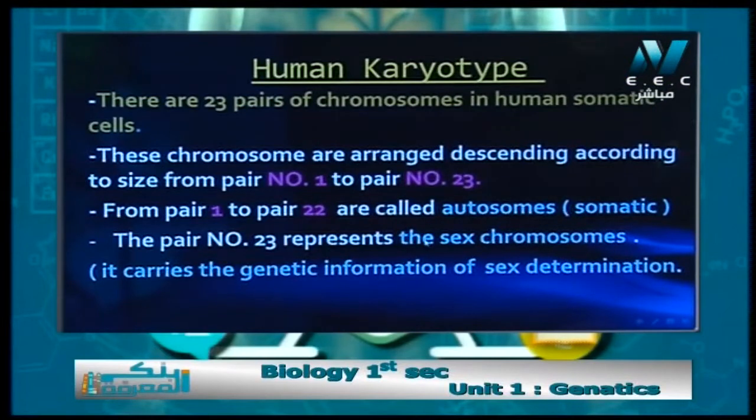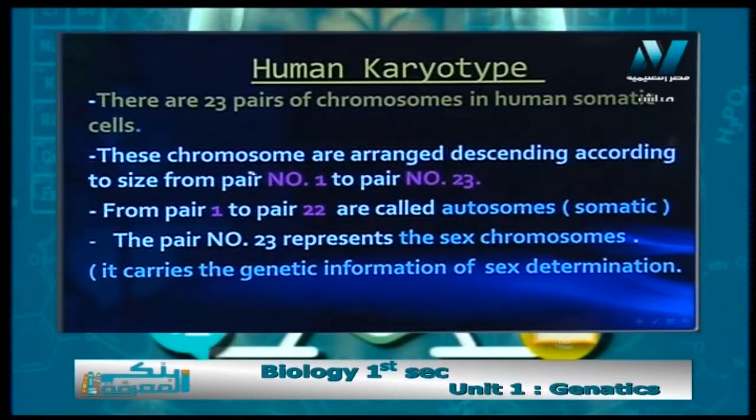Human karyotype. There are 23 pairs of chromosomes in a human somatic cell. The number of chromosomes in a somatic cell is 23 pairs, that means 46 chromosomes.